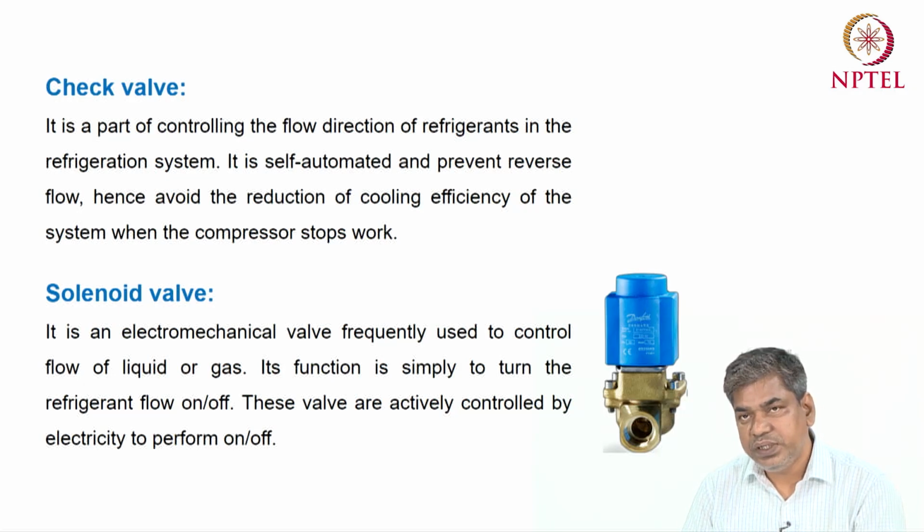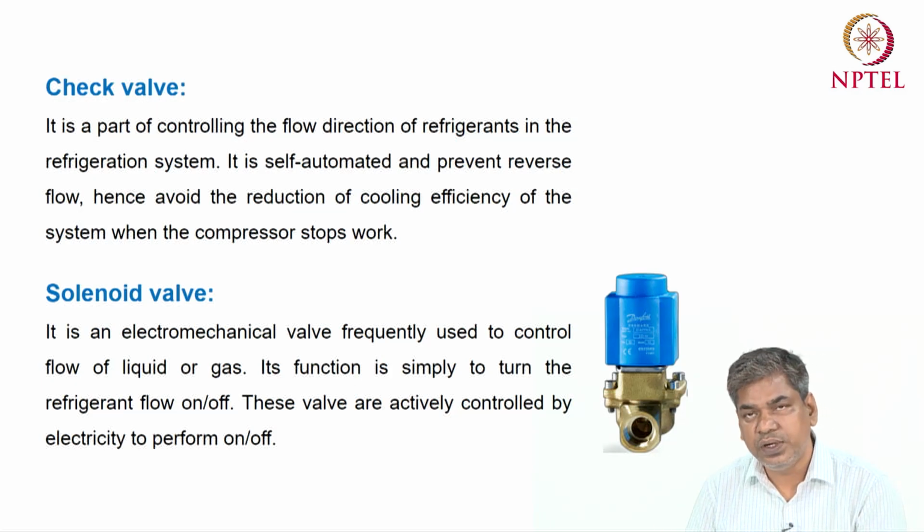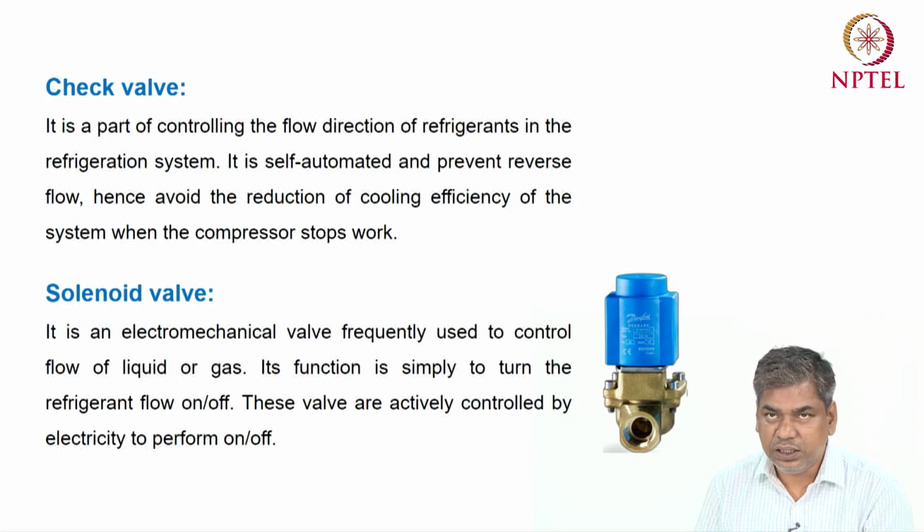If the compressor is stopped, the refrigerant after the compressor may try to go in the reverse direction, but if you use a check valve after the compressor, it will prevent the refrigerant from flowing in reverse from the condenser to the compressor.